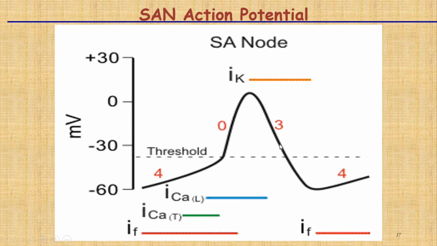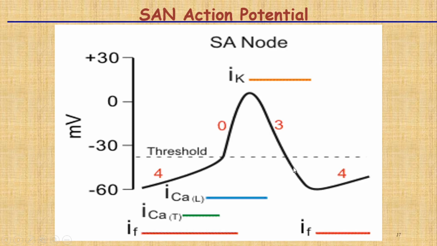As soon as the membrane potential reaches minus 60 at the end of this action potential, that is after phase 0 and phase 3, depolarization and repolarization, slow depolarization occurs automatically and the membrane potential slowly comes back to the threshold.